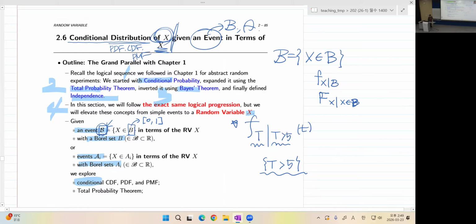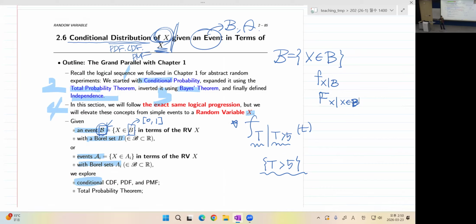And how can we define or derive these quantities given a distribution of a random variable X? So the problem is like this. You are already given a distribution of your random variable. It could be provided in the form of CDF, probability mass function, or PDF.